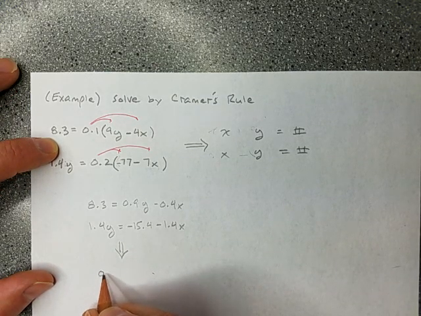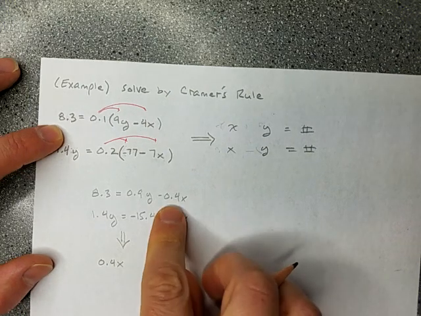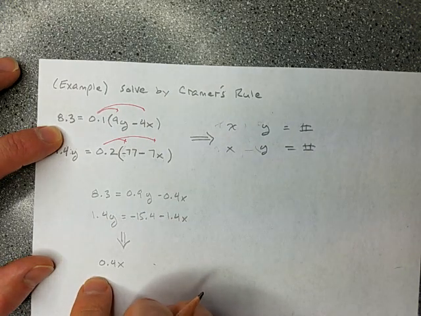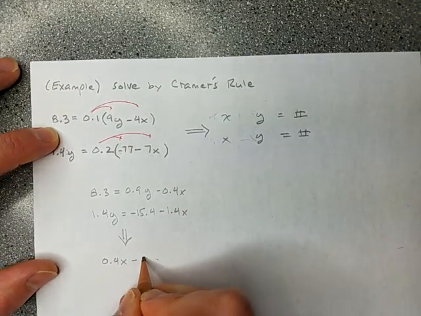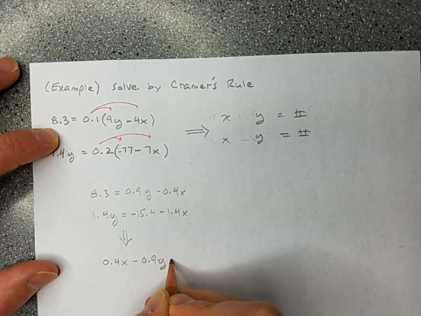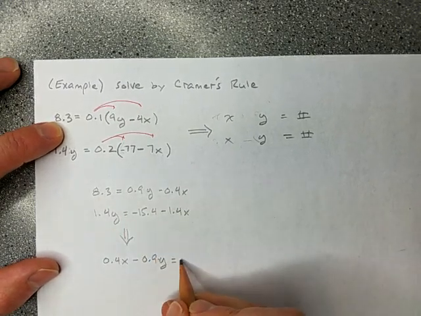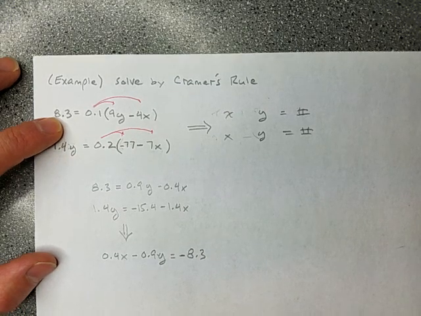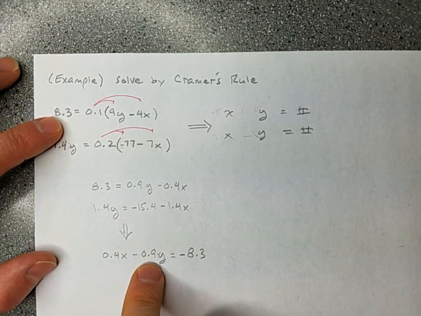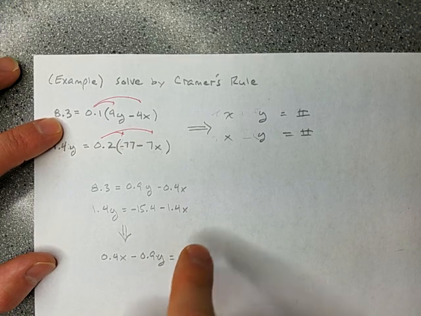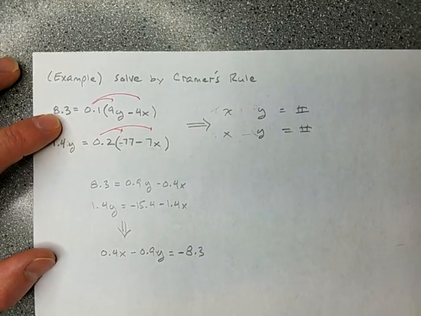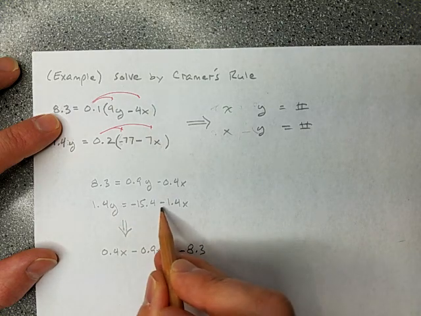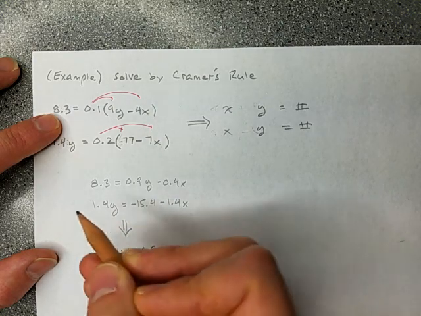We'll get 0.4x. To move this to the left, it will become positive, minus 0.9y equals negative 8.3. Okay, now I've got x, y, equals sign, number. That's what I was going for from the beginning. And then this next one, I got to move this negative 1.4x over there.